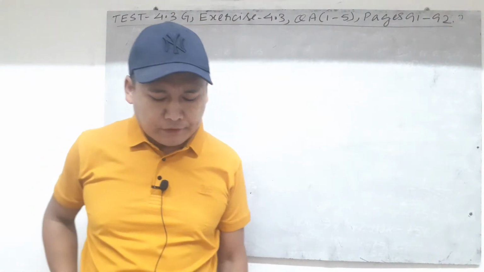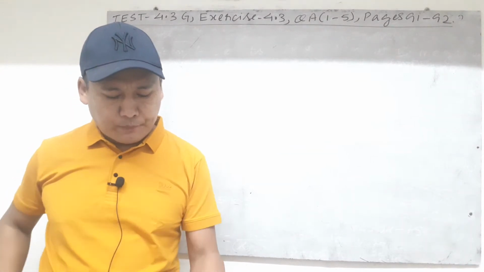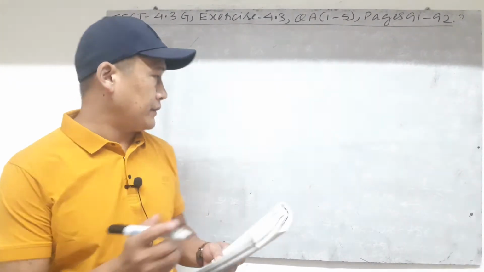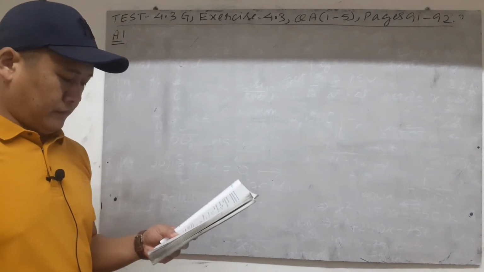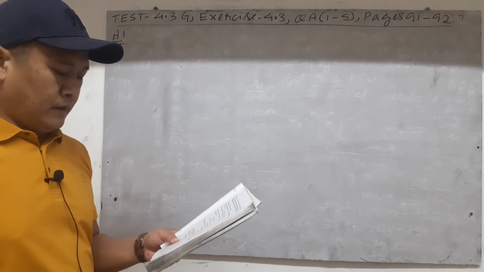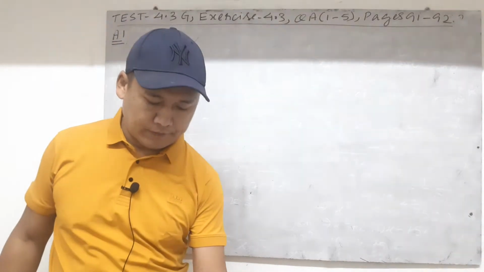If one root of the quadratic equation x squared plus ax plus 3, that is the first question, is 1, then its other root is.